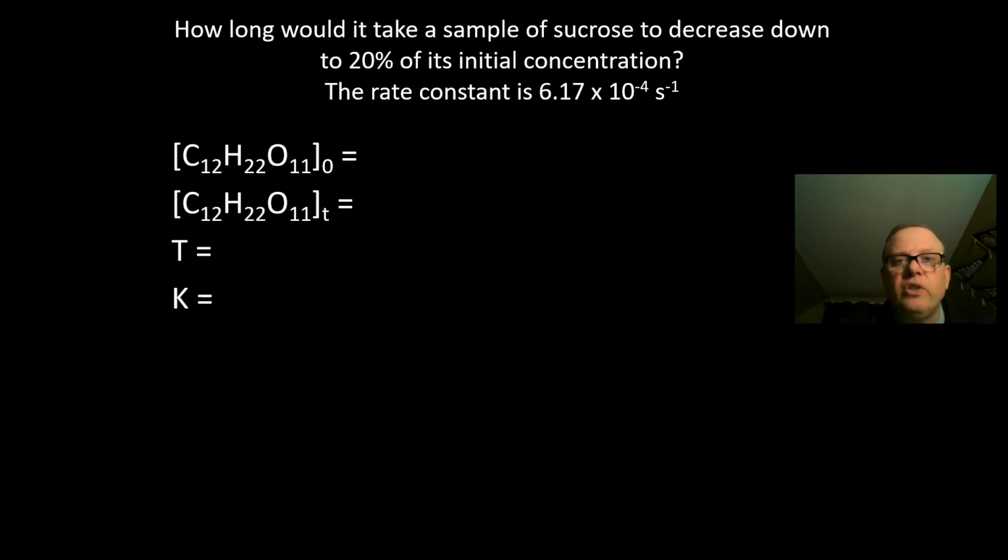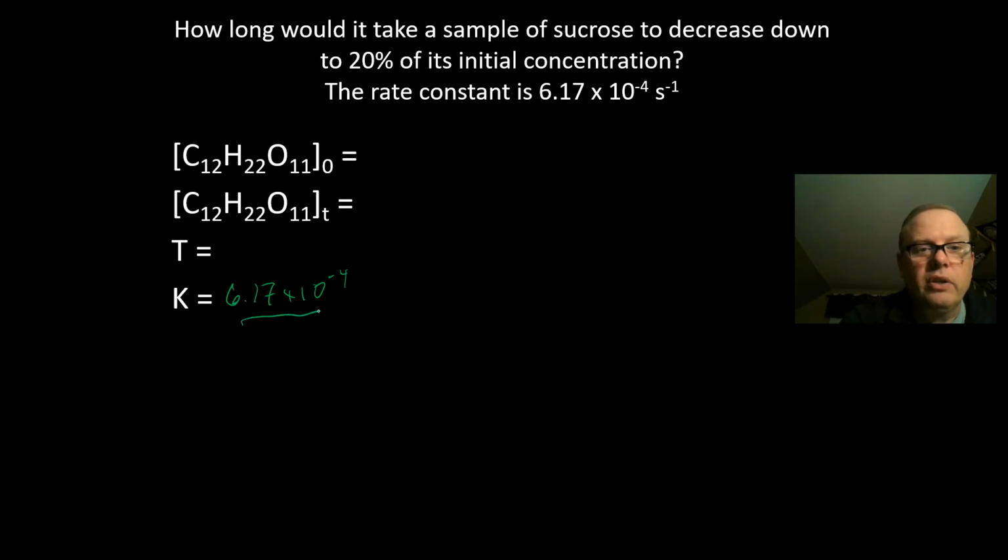All right, what do these things look like? Here's a situation. How long would it take for a sample of sucrose to decrease down to 20% of its initial concentration? And then it gives us the rate constant is 6.17 times 10 to the negative 4 per second. So K here is 6.17 times 10 to the negative 4th per second.